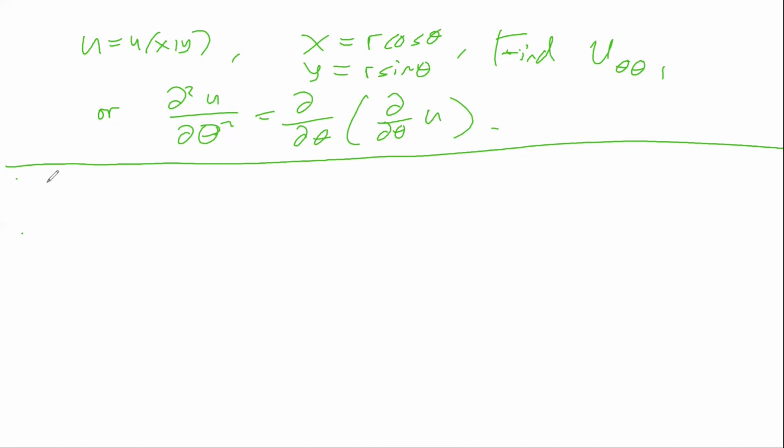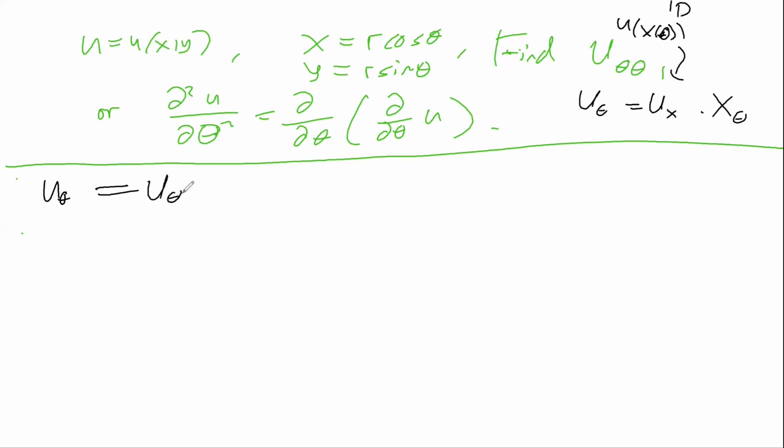Well, let's just start with u theta. Remember, if we do 1D, if I were just doing u, and you just had one function, then how would I do u theta? It would just be ux times x theta. So it's going to be very similar in 2D, but you just now have to deal with x and y.